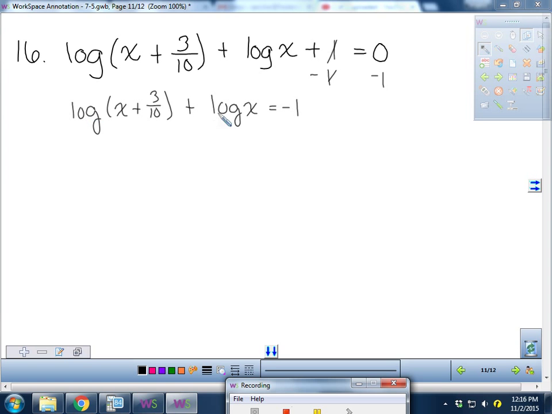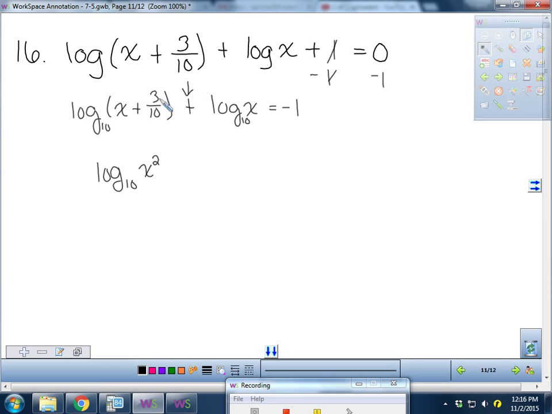Alright, so now I notice that I have 2 logs that have the same base. They both have a base of 10. So that means that I can put them together as 1 log base 10. You are adding, so that means that you have to multiply the x and the x plus 3 tenths. So I'll distribute x times x gives me x squared.